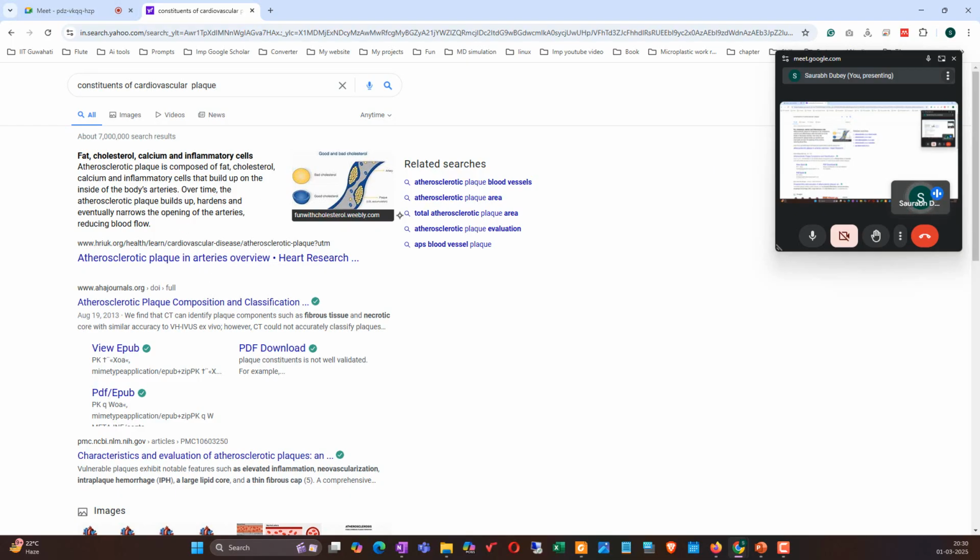And if you see this, the plaque is composed of fat, cholesterol, calcium, and the inflammatory cells that build up inside the body's arteries, right? Over time, this plaque buildup hardens and eventually narrows the opening of the arteries. So you see, the effective diameter is now less.